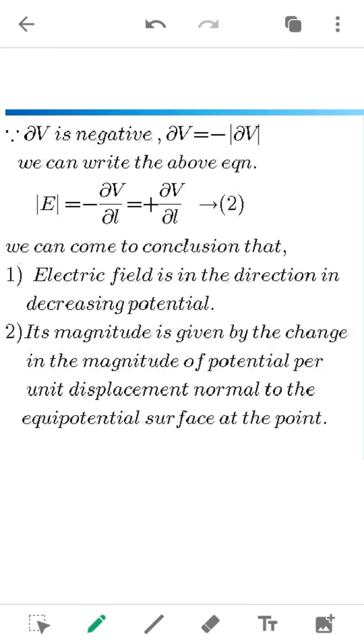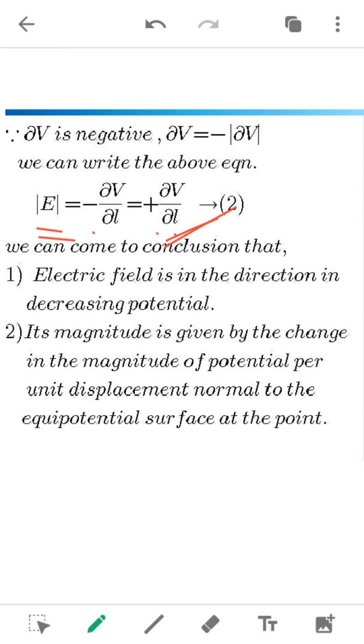Therefore, what can we conclude from this? If we are taking only the magnitude, we can neglect the negative sign, and take it as dou V by dou L. There are two conclusions here.